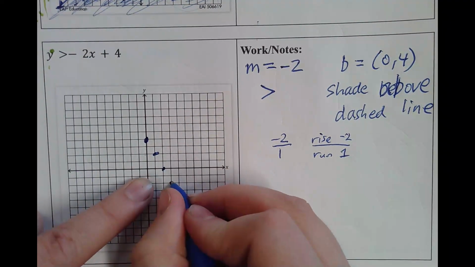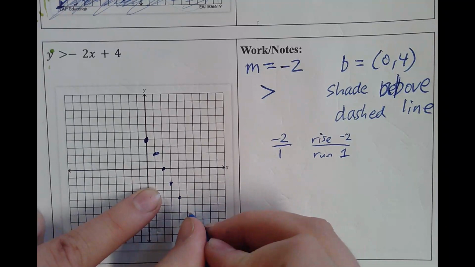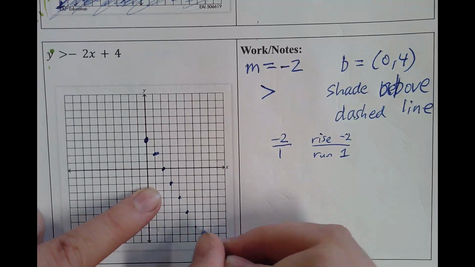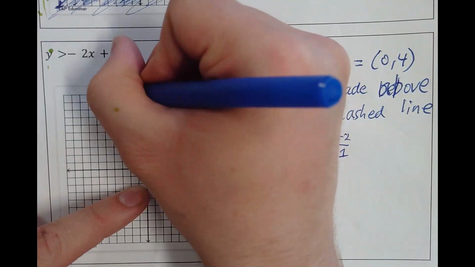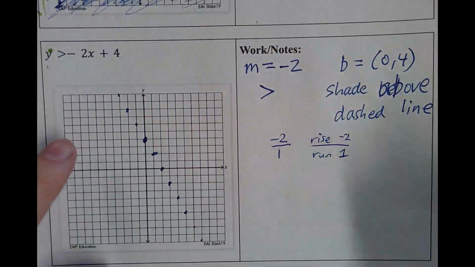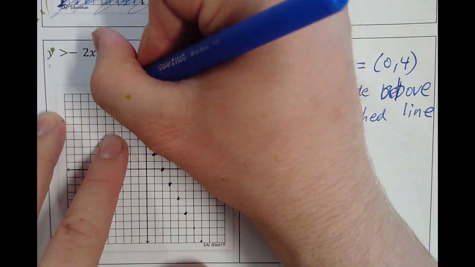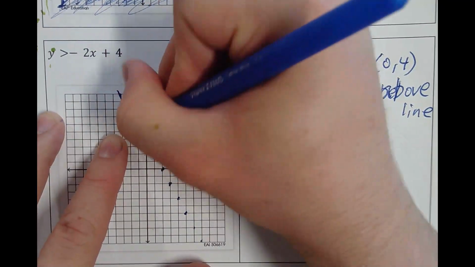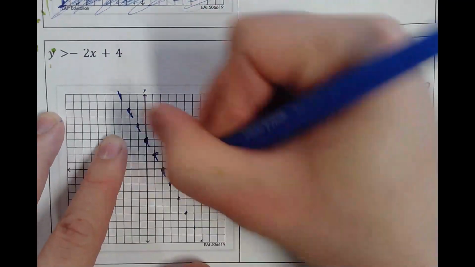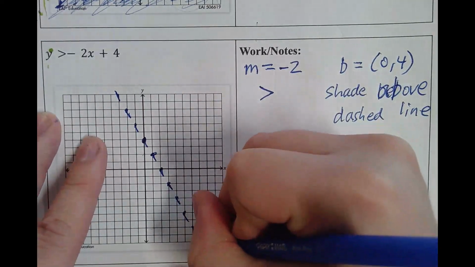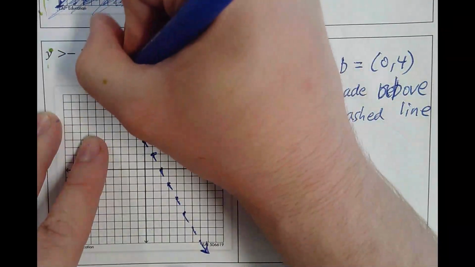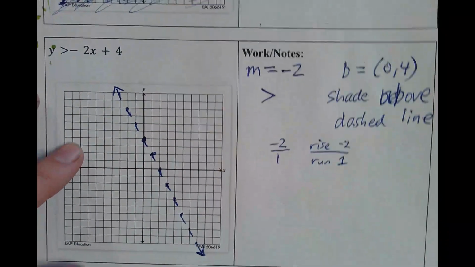Let's graph the dots, which are technically open circles, but you can go ahead and graph them as dots. All right. I do have to have a dashed line, so I can just take each of these dots and add a dash to it. Add the arrows because it goes on forever, and I'm going to shade above.